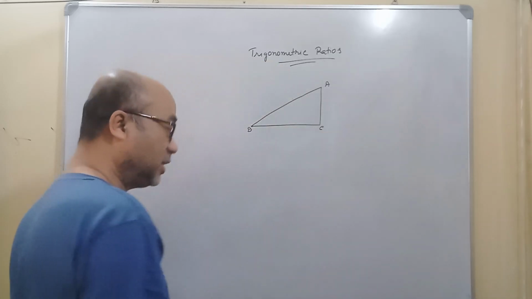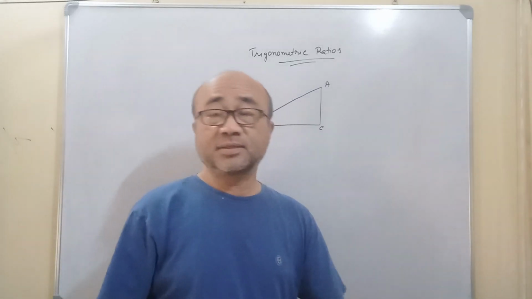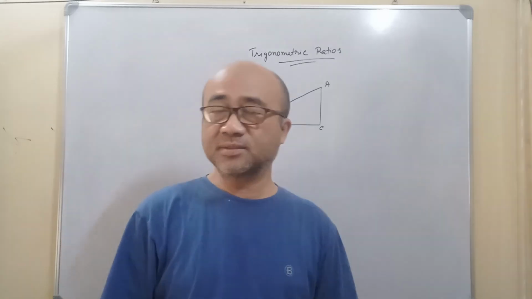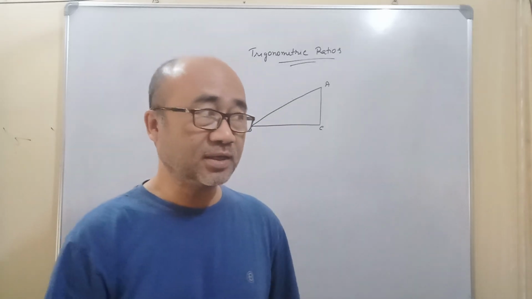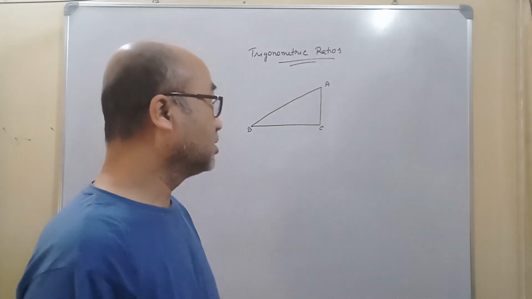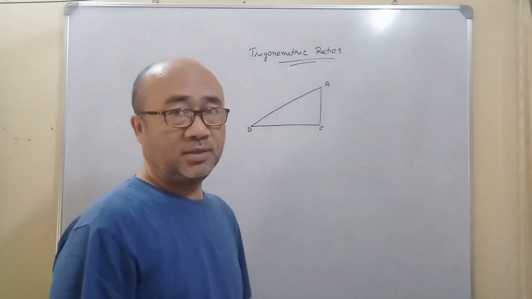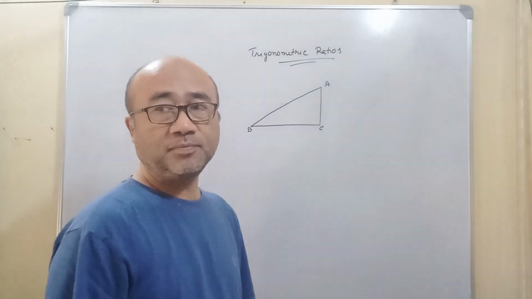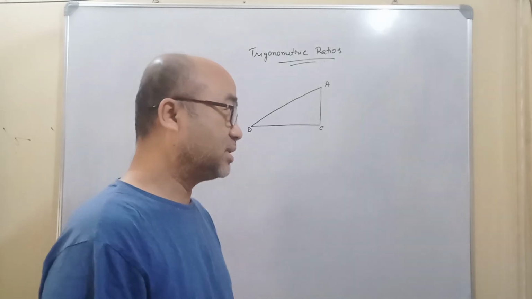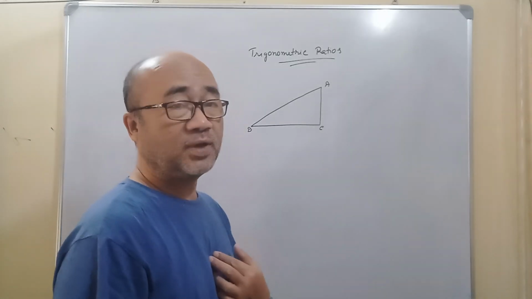So what is trigonometry? It is that branch of mathematics that deals with studying the relationship between sides and angles of a triangle, especially a right angle triangle. Because in class 10 we will be dealing with angles, relationship of angles.